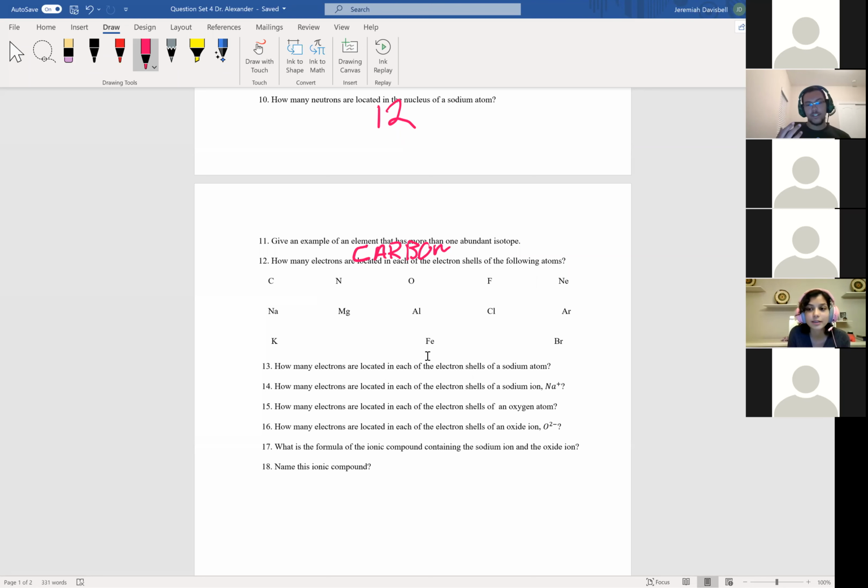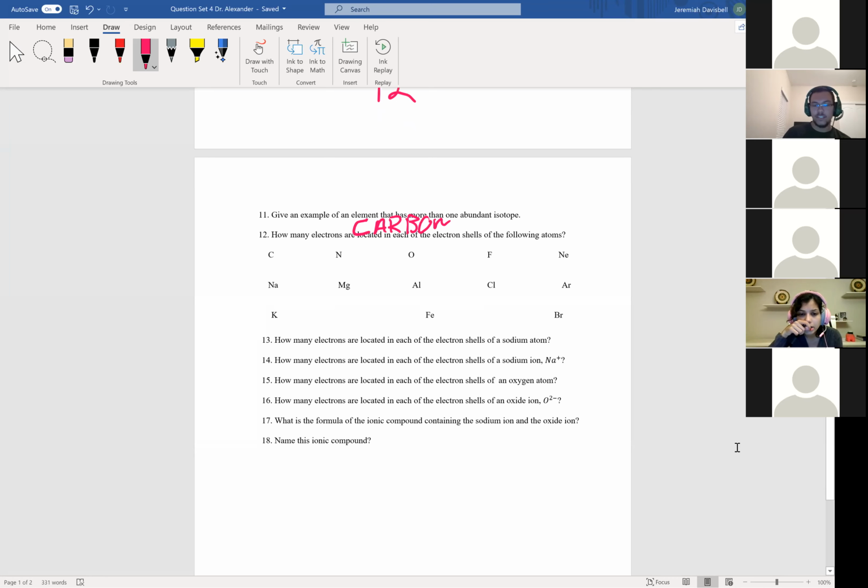And I'm just gonna skip quickly to, out of the remaining ones, which one do you guys want me to go over? I would say 17, but you guys can disagree with me. 17 or 13? 17, unless anybody else has one that they really need.